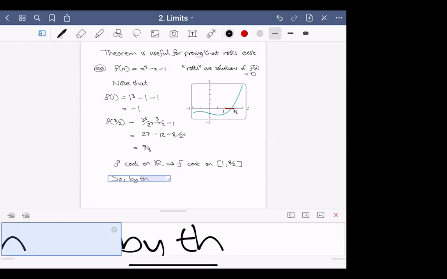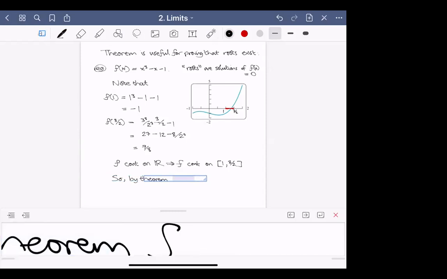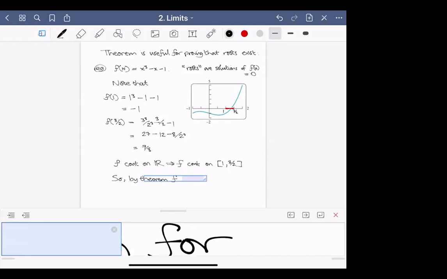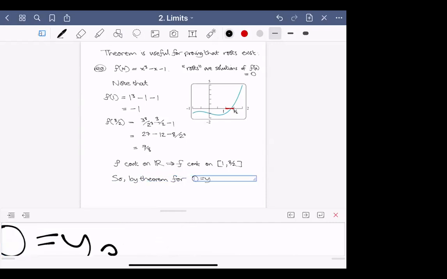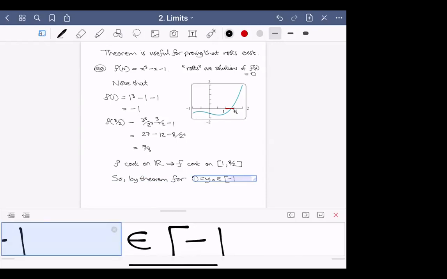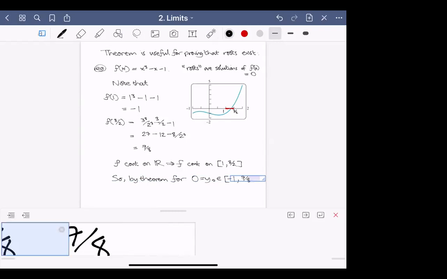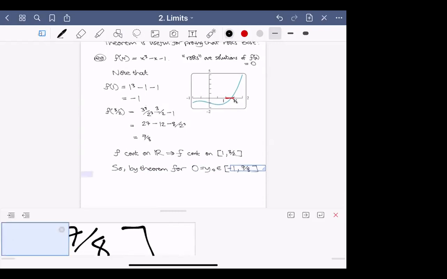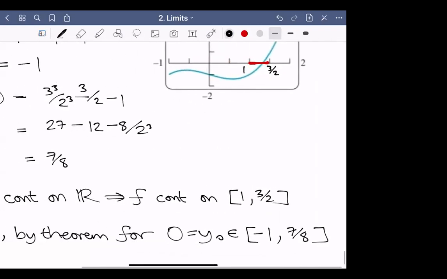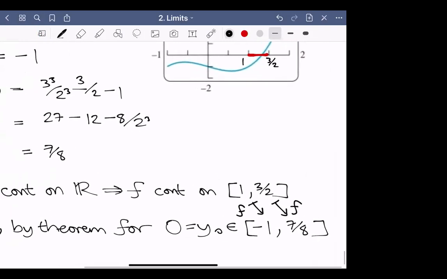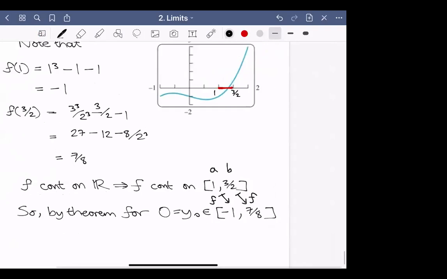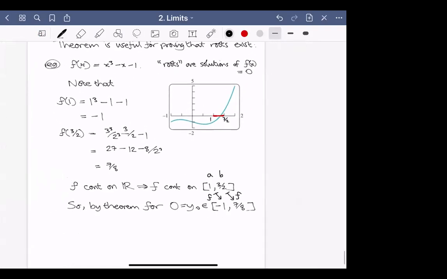So using the theorem, where we set y0 to be 0, and I'm using that interval because f maps this a and b to these values here.